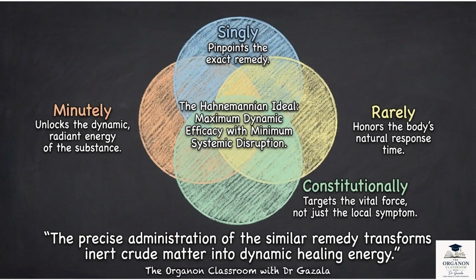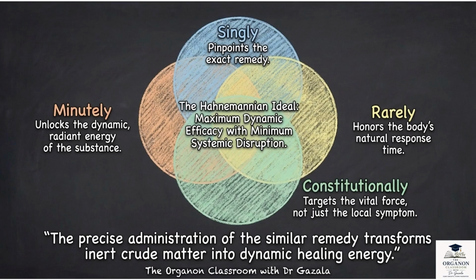Lastly, minutely, the principle of the minimum dose, reflecting the Hahnemannian search for therapeutic action with the least possible medicinal disturbance. We put these four together, and what we get is our Hahnemannian ideal presented in this lecture. Maximum therapeutic effect with minimum unnecessary intervention.